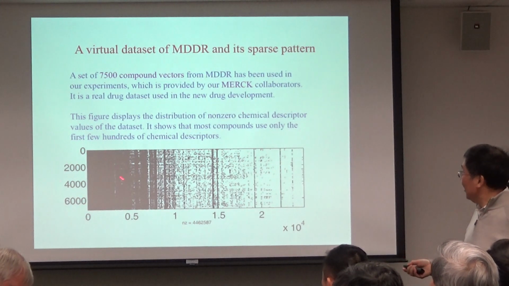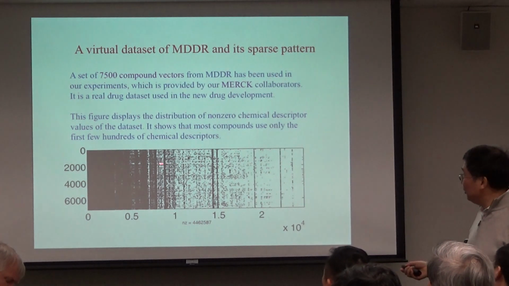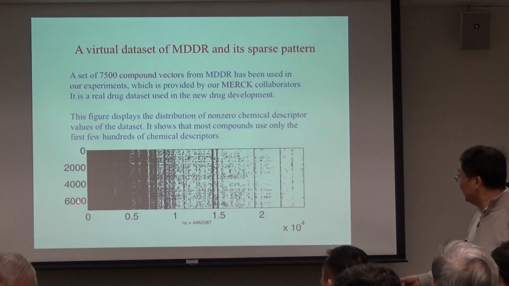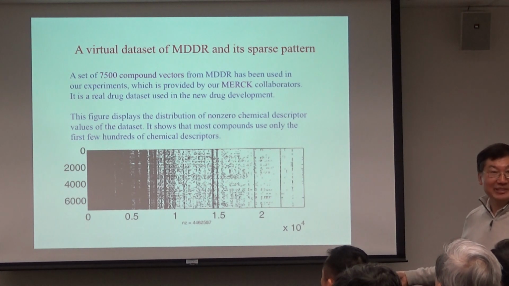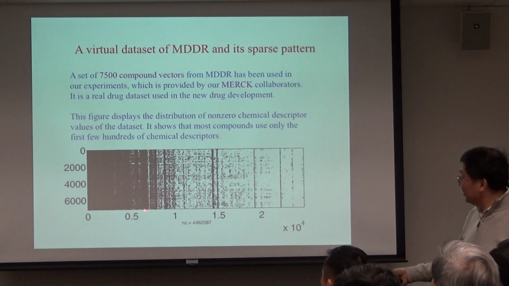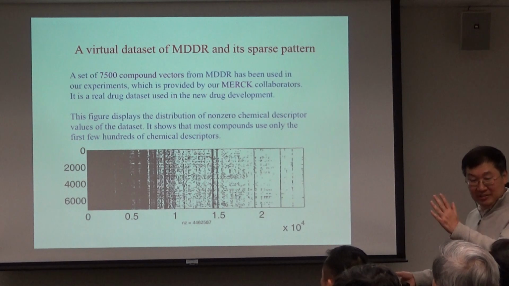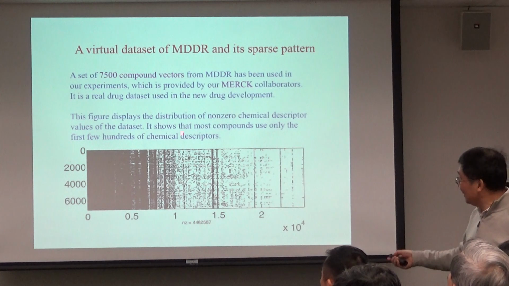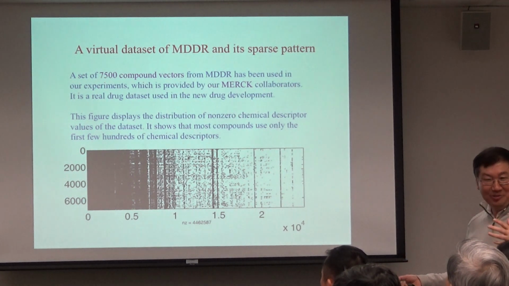I just took the non-zero values distribution. This is the number of compounds, and this is the number of descriptors. So from here there will be more than 1,000 descriptors. But I think the first several hundreds are mostly in the front part of this data set. So that's why I'm going to cut off here. I usually use 300 descriptors to work this out.